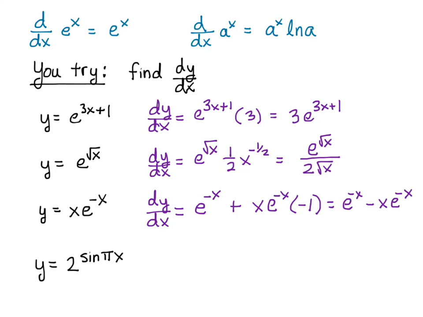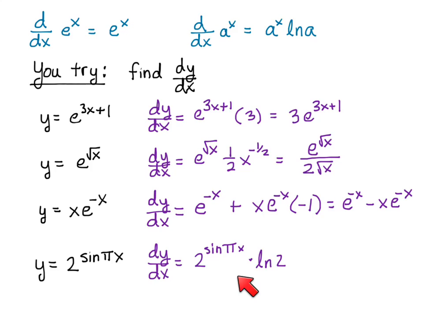Okay, so the first thing then is we're going to retain that first function, right? Just like we have the derivative of a to the x equals a to the x ln a. So now we have to take the log of a, which is 2.